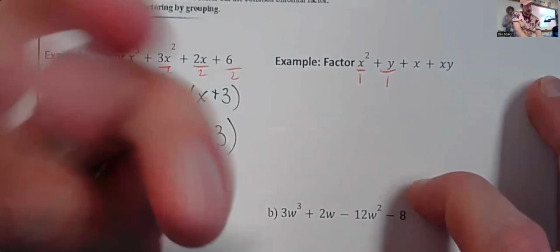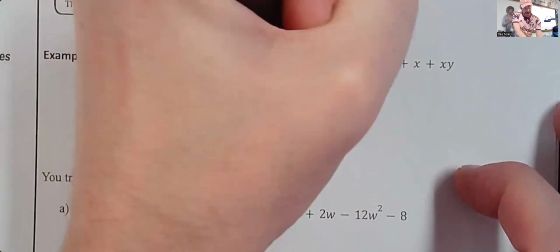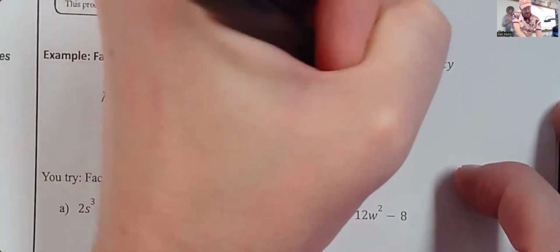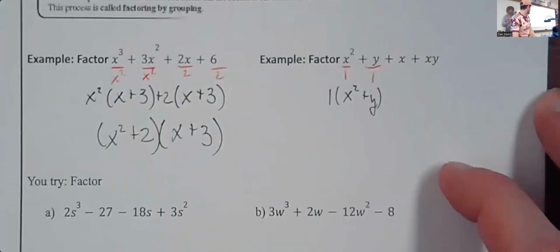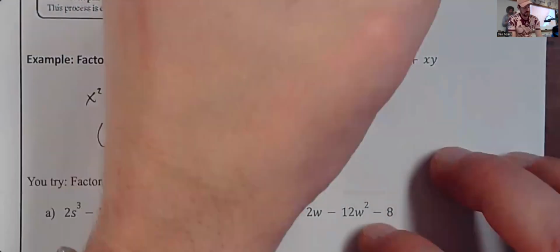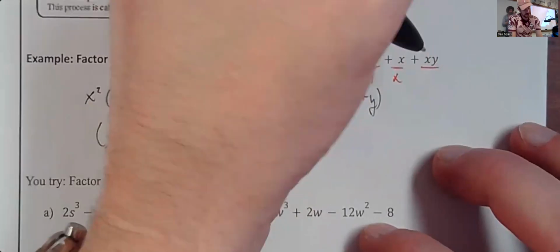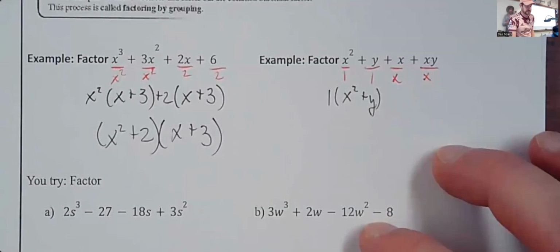Because if you're writing a product of 2 binomials, that means you have to have values in each set of binomials. And so we're going to have to start with that. When you divide by 1, nothing changes. What are we factoring out of the second 2 terms? X. All right, so we factor out an x, factor out an x.